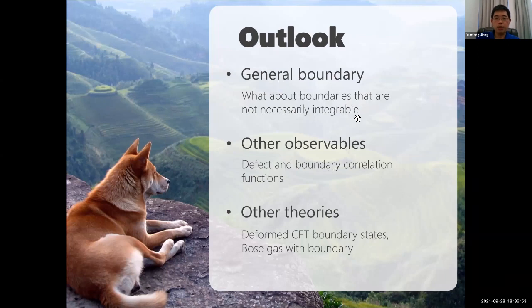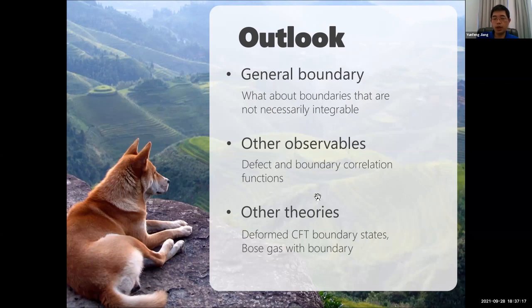One is about general boundary conditions, because I believe this flow equation, at least for the TTbar case, holds for any boundary condition, and I think that's true. In integrable models, we can also consider boundaries that are not necessarily integrable. And then we can try to compute other observables.